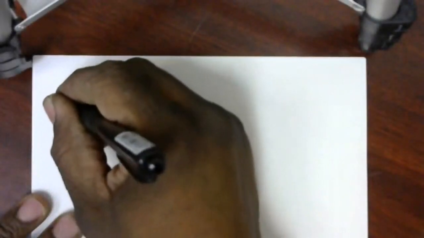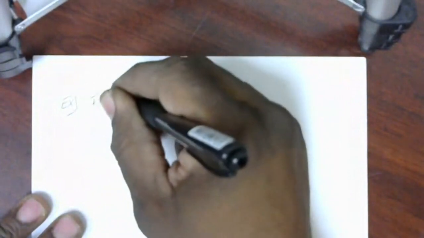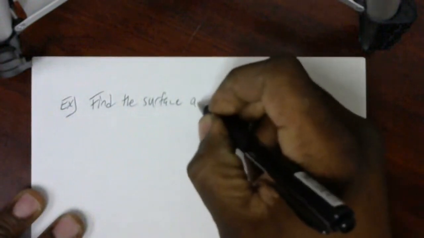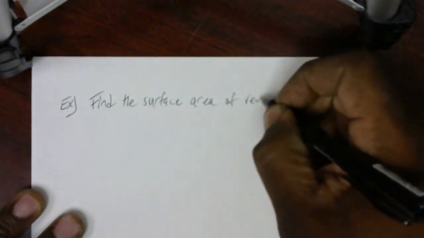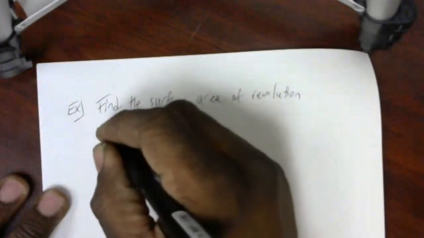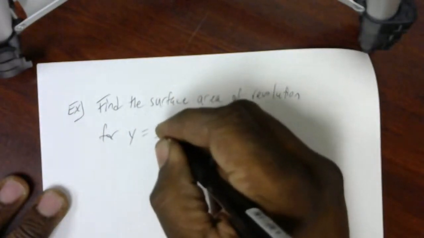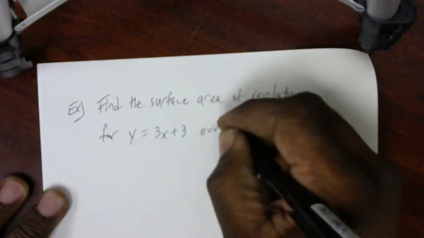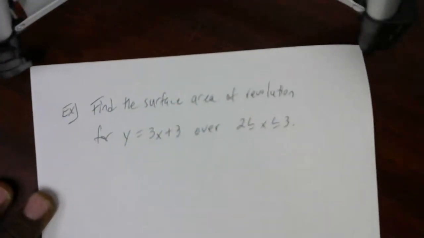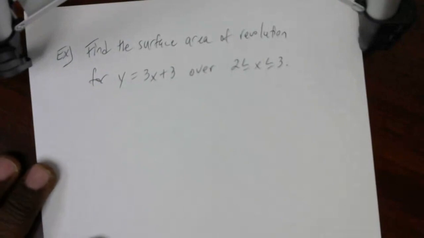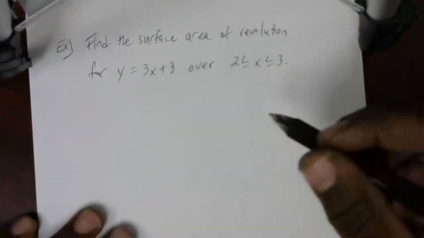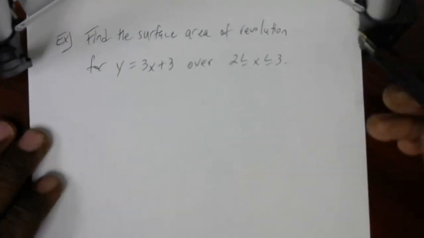All right, so in this example, we're going to find the surface area of revolution for y is equal to 3x plus 3 over the interval from 2 to 3. So we begin our surface area problems in the same manner in which we begin our arc length problems.